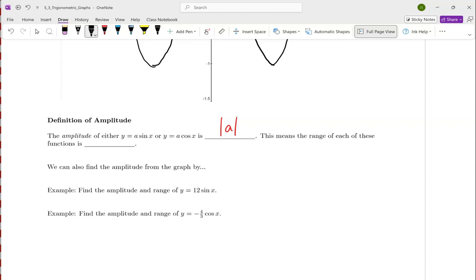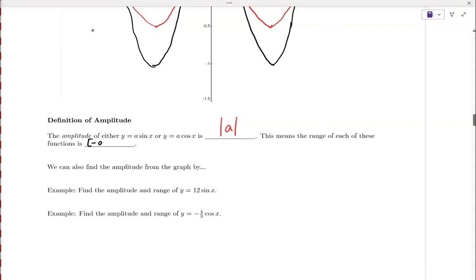When the amplitude is that, it tells us that the range is negative a to a. Again, both of these have a baseline of the x-axis, so it means it goes up to a and down to negative a, whatever that a happens to be.